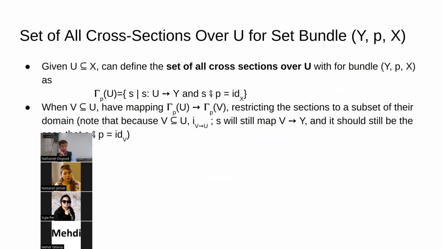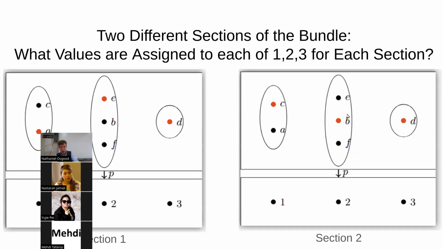So we could define for a given total space, Y, the space on the top, a bottom space, a base space X, and P mapping down from Y to X. We can define a set of cross sections for any U that's a subset of X, right? So U might be 1 and 2, or 2 and 3, or 1 and 3.